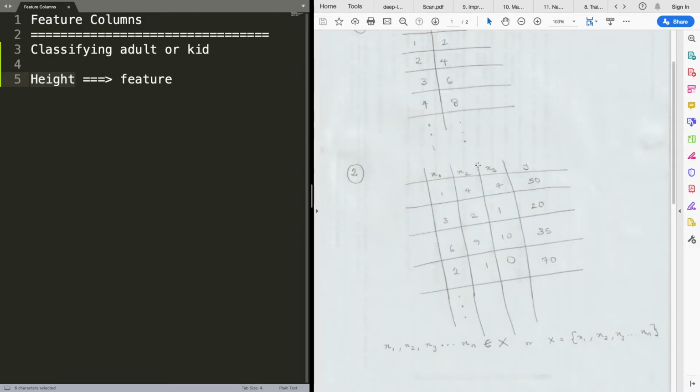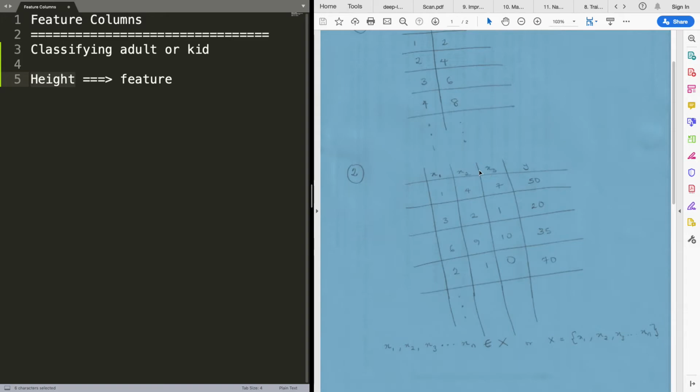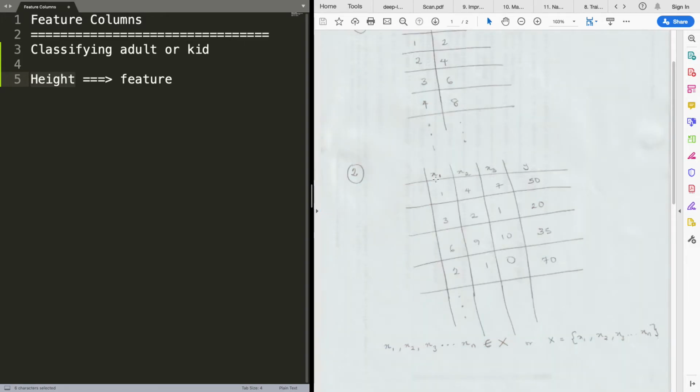There are other problems out there where you will see that they actually have multiple features. When they have multiple features, you want to represent each feature by a subscript. For instance, in this second case, we say it has three features, and you use the three features together to predict an outcome.